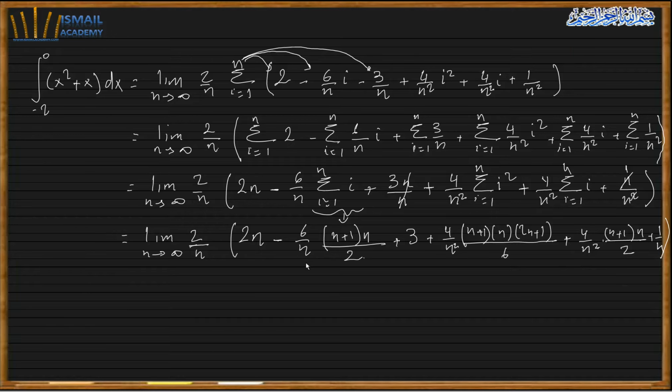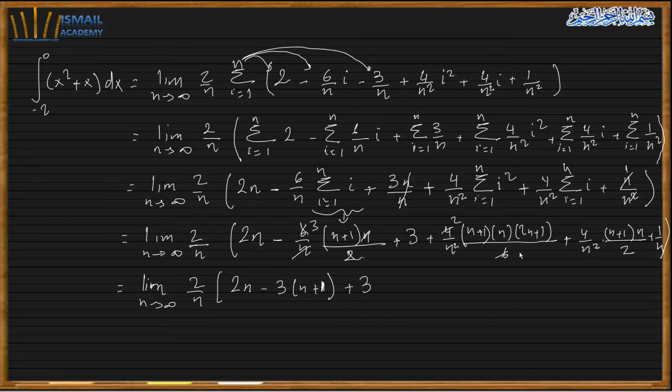Now what I do here, I simplify if I can. So this is the n, simplify, and I will have the limit when n goes to infinity of 2 over n. So here you have to be careful, because when you have a lot of stuff to work on, you have to be careful. So here I can simplify, this is 3, so it's going to be minus 3(n plus 1) plus 3, and here I can simplify this.